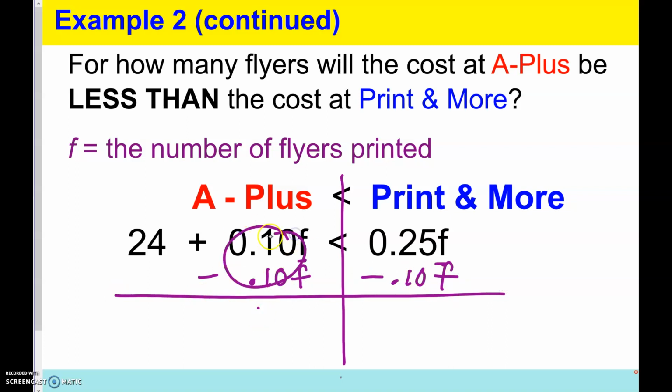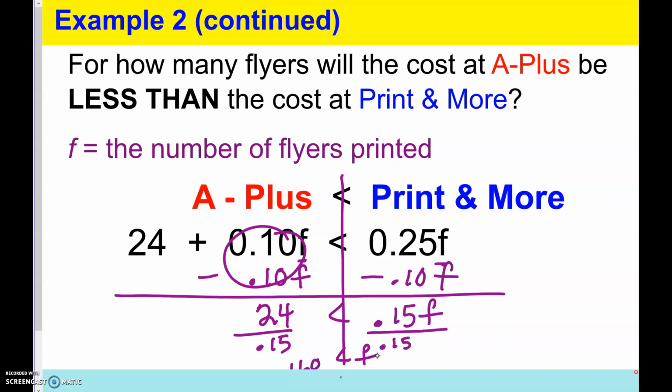So this cancels out. 24 is less than, and 25 cents minus 10 cents is going to be 15 cents per flyer. Now, how do we move that 0.15 away from F? We divide both sides by 0.15. So grab your calculator and take 24 and divide by 0.15, and I got 160 is less than F.